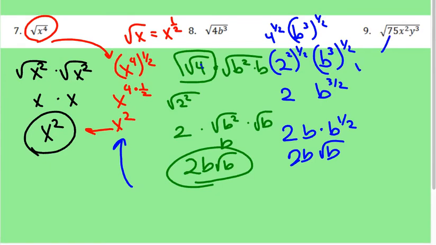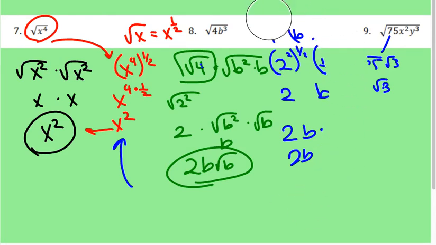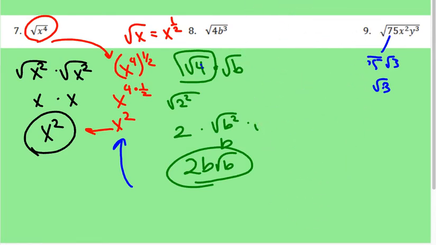So 75, that's going to be 25 and 3. So that's going to be 5 square root of 3. Now let me get a little room here. So square root of 75, 25 and 3, so that's 5 square root of 3. X squared is going to be square root of x squared, so it's just going to be x.